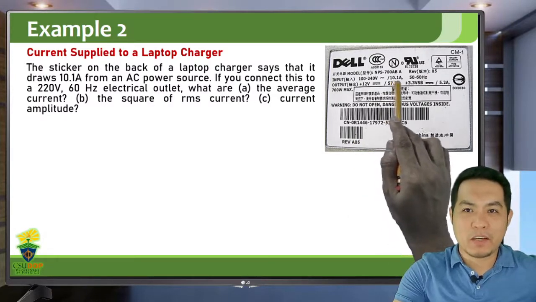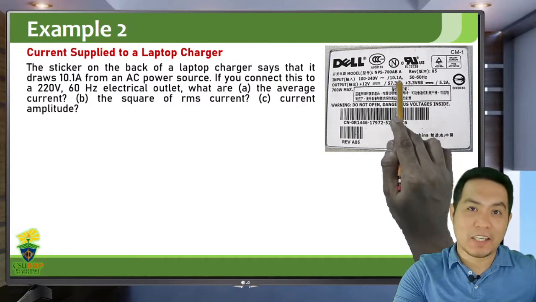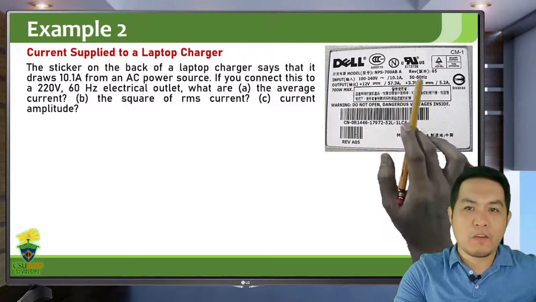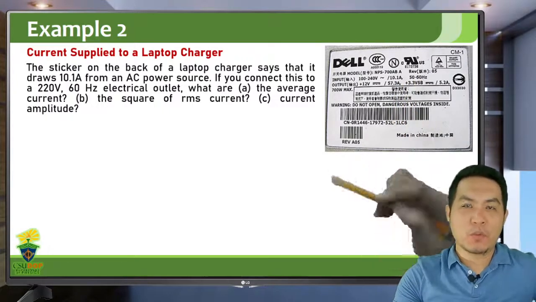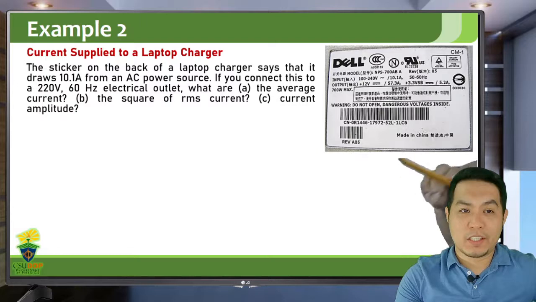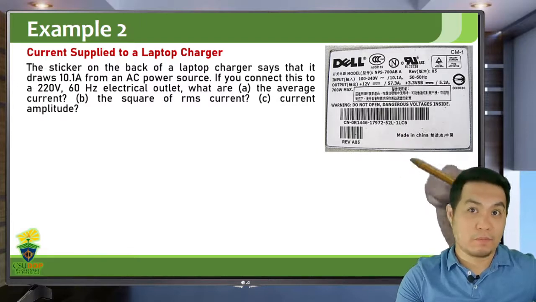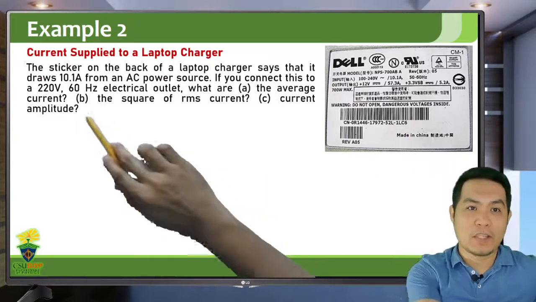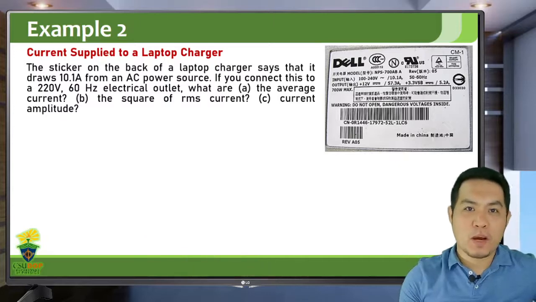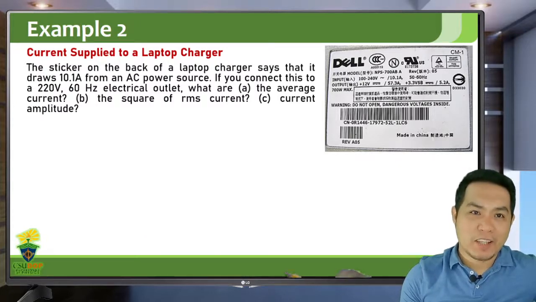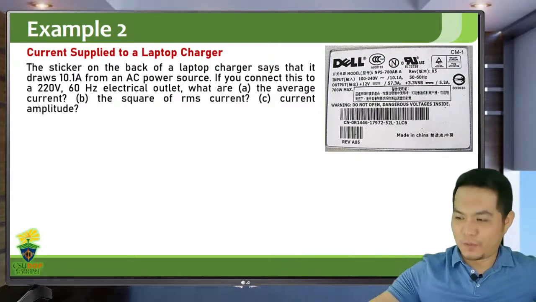You can see here that the input is 10.1 amperes from an alternating current source. Now if you connect this charger to our outlet, which is rated at 220 volts Vrms and frequency is 60 hertz, what are the average current, the square of the RMS current, and the current amplitude?